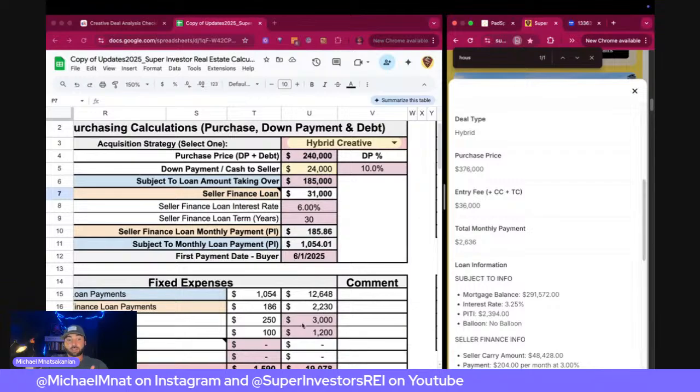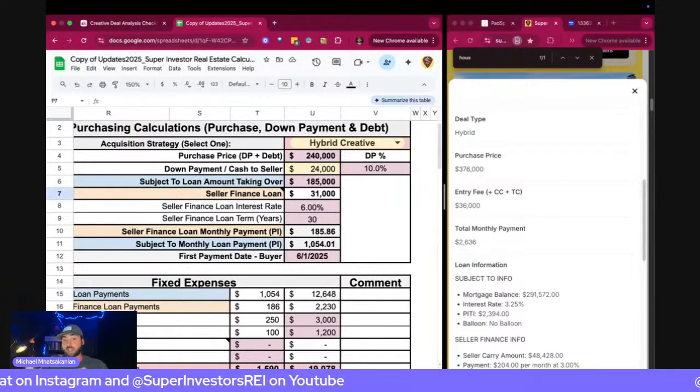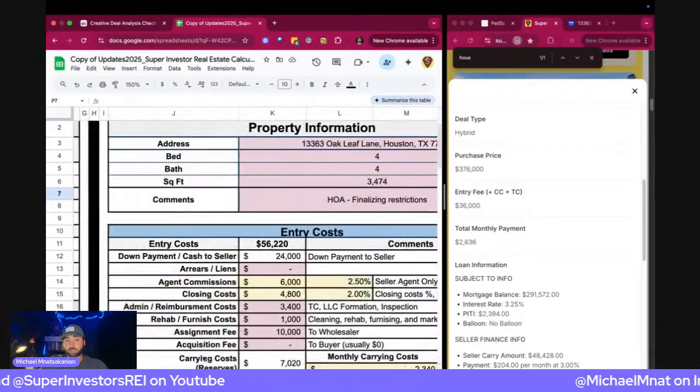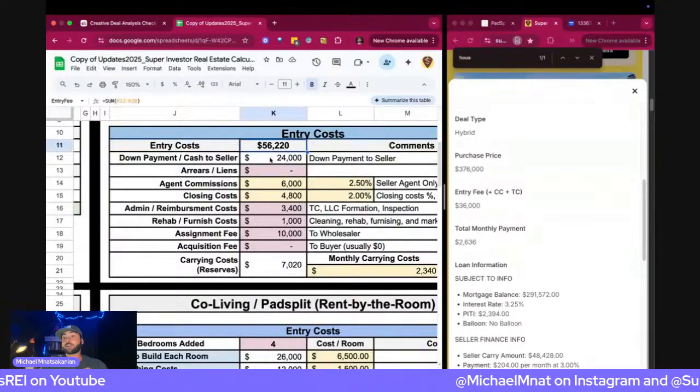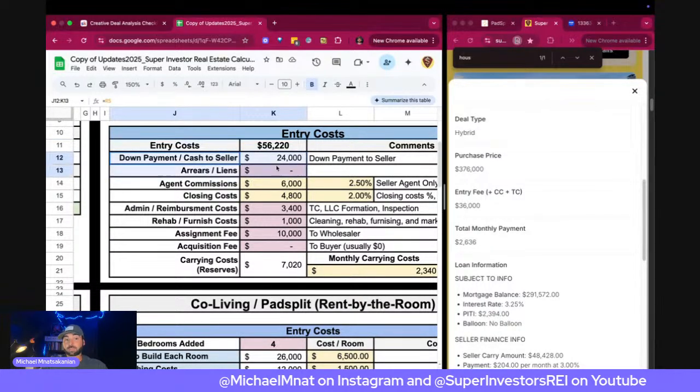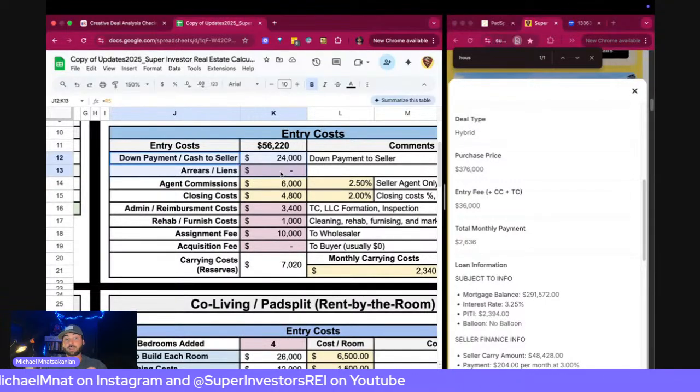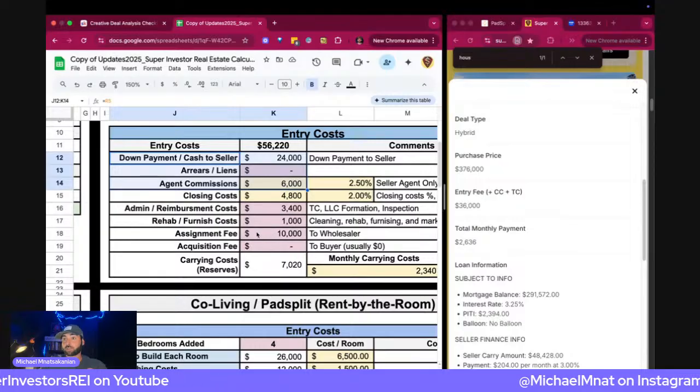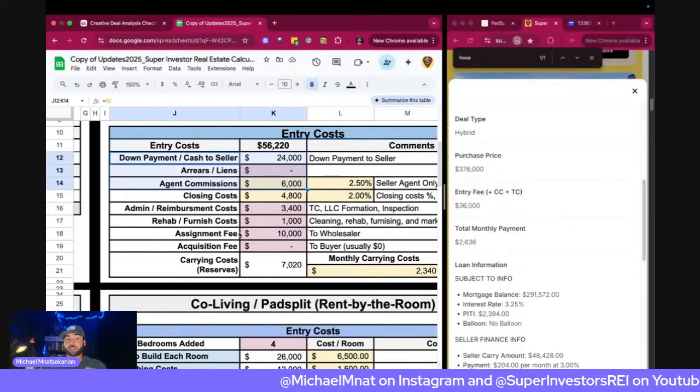The entry is not everything you see here. The $36,000 is going to be a combination of down payment to seller, arrears or liens, if anything needs to get paid off at closing or if they're missing payments, an agent commission, and any wholesaler assignment fee. That is the most common way an entry fee is presented for creative financing.